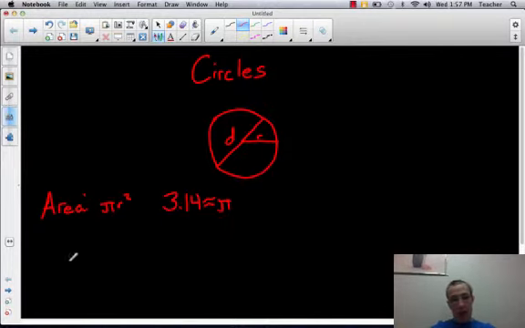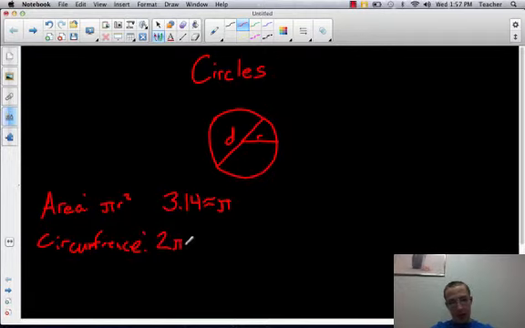Now, let's go over the circumference. That's a big word, especially coming right off of Christmas break. The circumference is a lot like the area equation, except now we move this 2 over to the left and call it 2 pi r. If you're really smart, you can just do pi times your diameter, whatever you want to do.